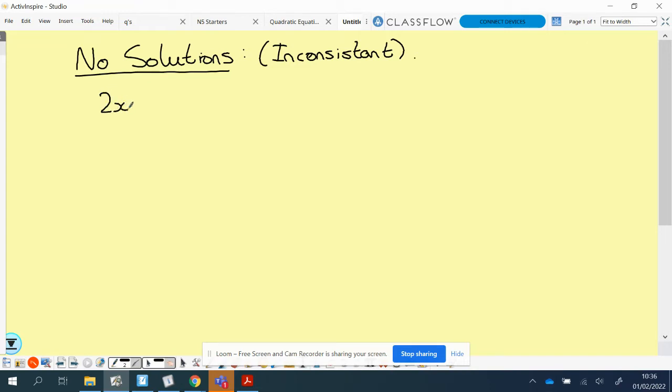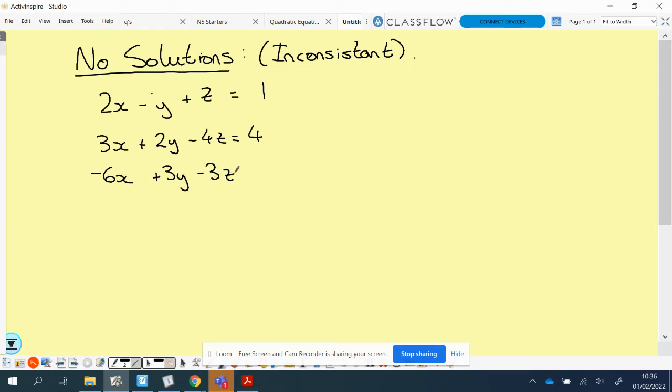We've got 2x minus y plus z equals 1. We've got 3x plus 2y minus 4z equals 4. And we've got minus 6x plus 3y minus 3z equals 2. Okay, that's our system of equations.